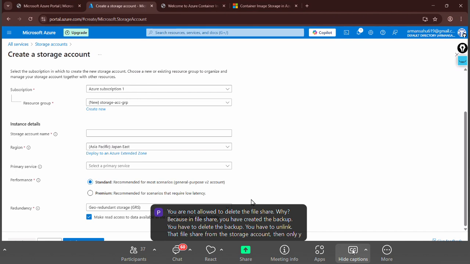Then only you are allowed to delete. See, I'm giving you medicine, Shirisha. What you need to do is go to the file share. Try to delete that first. Then tomorrow I'll show you. Remind me this. I'll show you this practically.